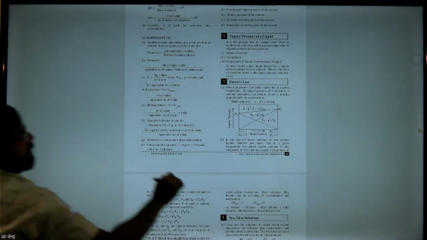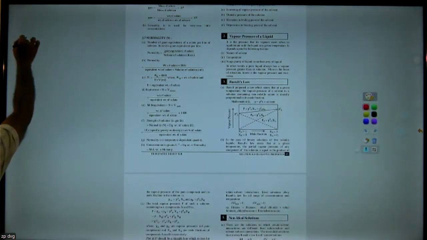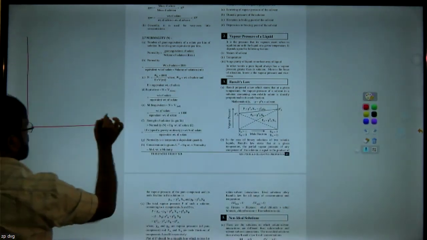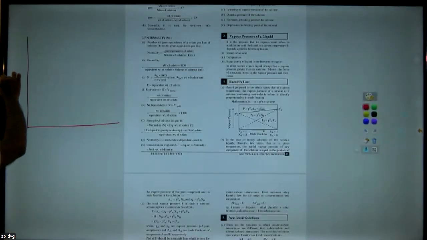For example, whenever we plot a graph between pressure versus mole fraction, how will we get the graph?